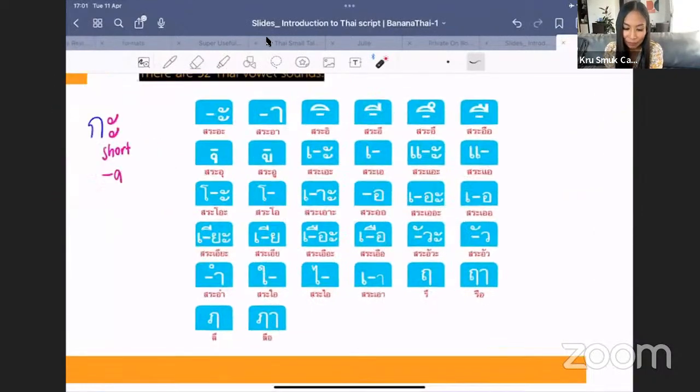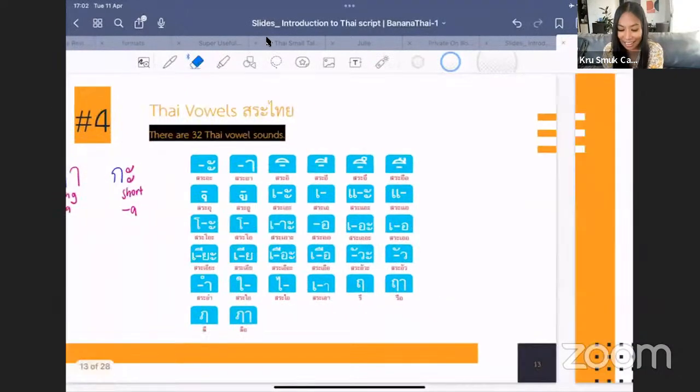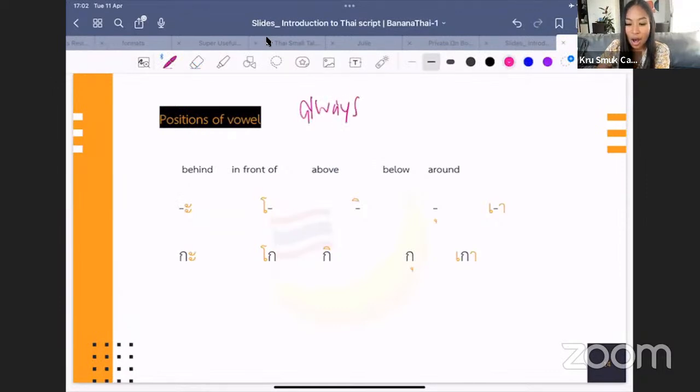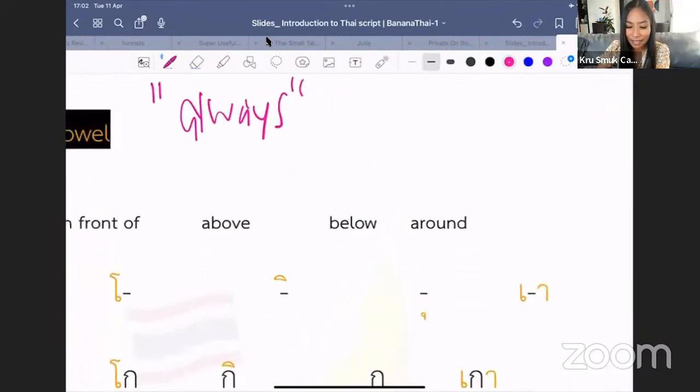As you can see here, first of all what you need to learn is the position of the vowel. The vowels always stick with the beginning consonant.